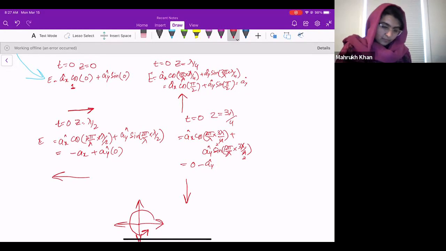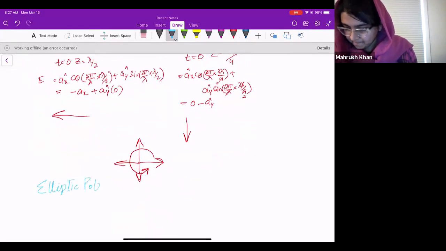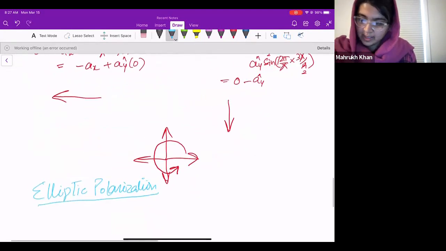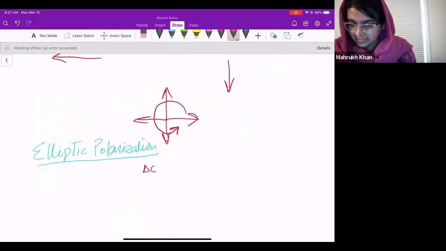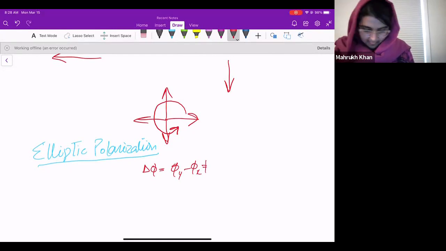Okay, so now we know why they are circular, why they are elliptical and why they are linear. I will not go into details, but there is another polarization called elliptic polarization. Elliptic polarization is any other angle than linear and circular. So elliptic says del phi equals phi y minus phi x is not equal to n by 2 pi, plus minus n by 2 pi.